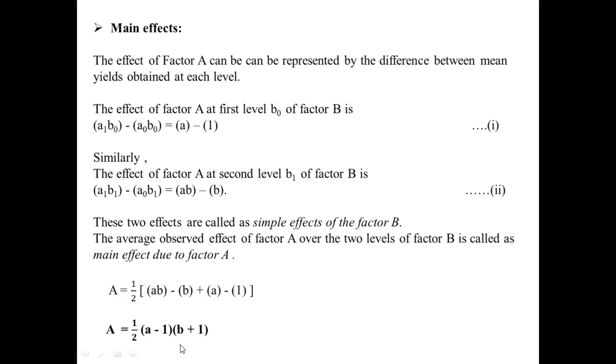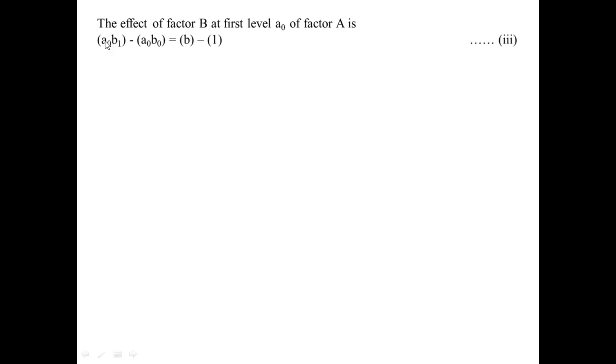Similarly, we want to find the main effect for factor B. To find the main effect of factor B, first we find the simple effect of factor B at two levels of factor A. First we find the effect of factor B at the first level of factor A, which is denoted by A0. So we get A0 B1 minus A0 B0.